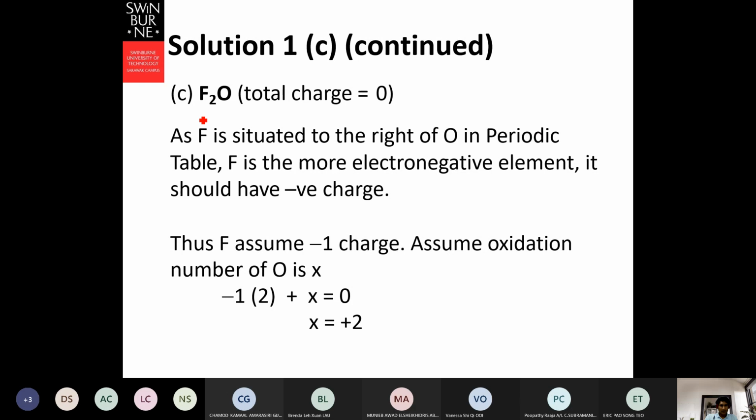Okay, so oxygen difluoride. If we look at the periodic table, oxygen is here and fluorine is there.